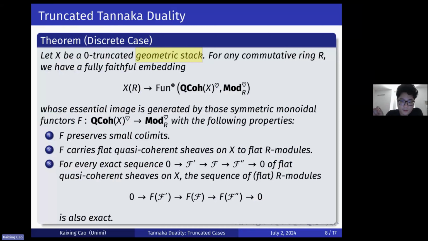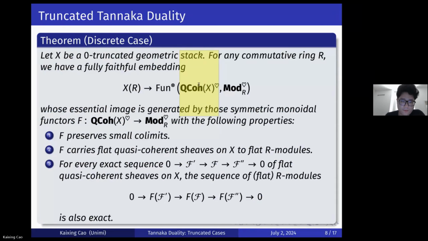and flat objects. Now, in our discrete truncated Tannaka duality, we use the heart of the... I mean, in the original version of the Tannaka duality for geometric stacks, we describe the essential image by one of the conditions, which is preserving the connected objects.